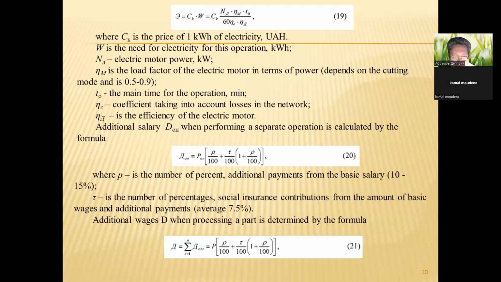Tau is the number of percent social insurance contributions from the amount of basic wages and additional payments, average 7.5%. Additional wages D when processing a part is determined by formula 21.